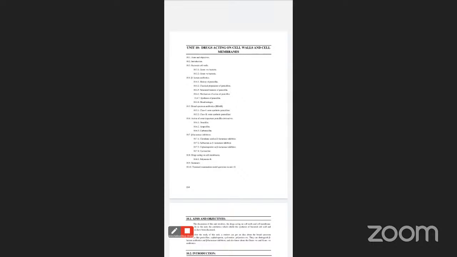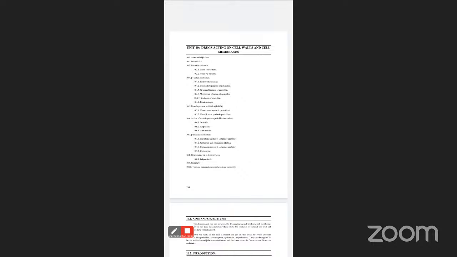The cell is composed of cell organelles like mitochondria and Golgi complex. And in the nucleus you can see the nucleic acids like DNA and RNA. So all these are the structure of the cell.